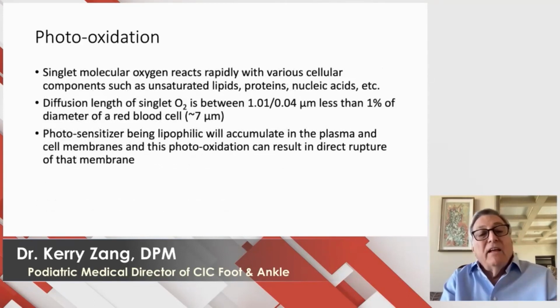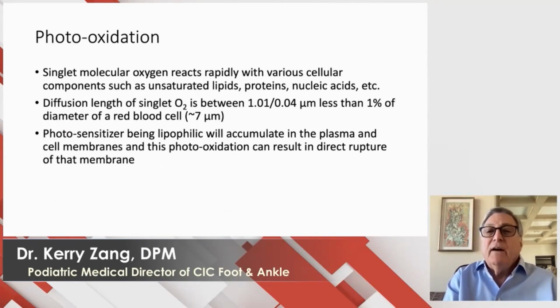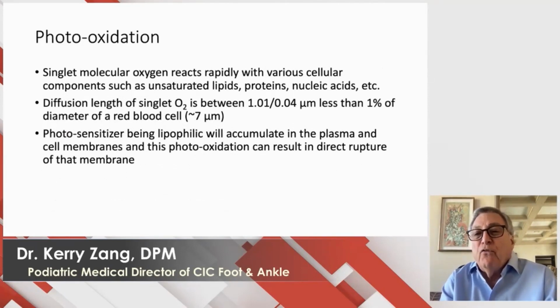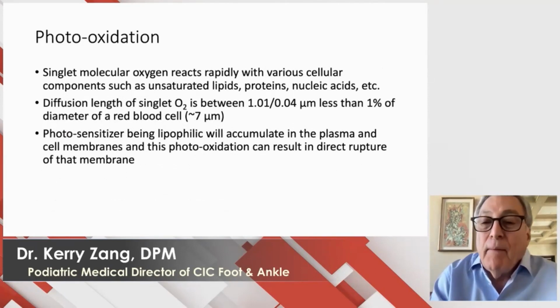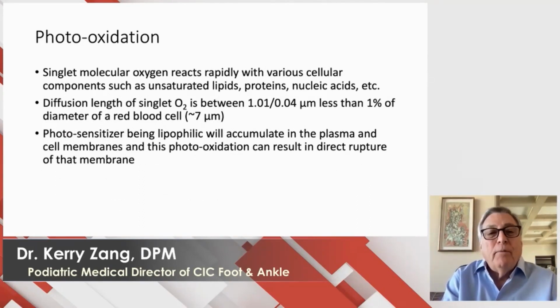Photooxidation continues with the molecular oxygen rapidly activating many cellular components such as unsaturated lipids, proteins, nucleic acids, etc. The diffusion length of singlet oxygen is between 0.01 and 0.04 micrometers, which is less than 1% of the diameter of a red blood cell.